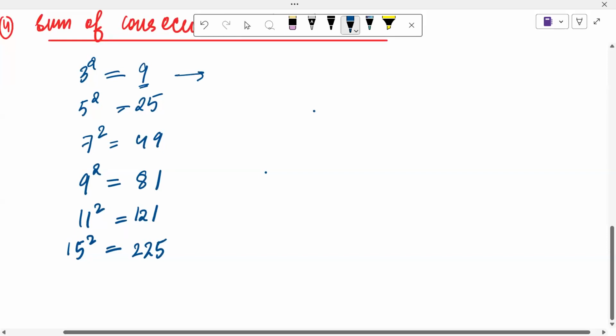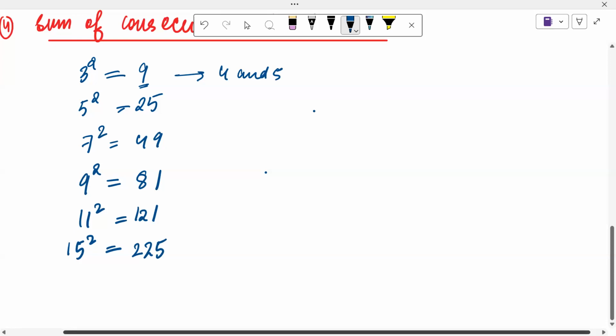So basically, I have to express 9 as the sum of two consecutive natural numbers. What can those consecutive natural numbers be? 3 plus 6? Are 3 and 6 consecutive? No. See, I have 4 and 5. Just add 4 and 5.